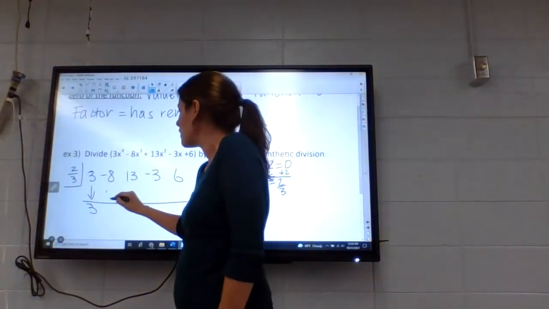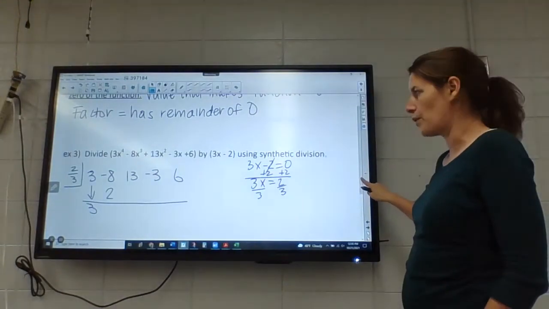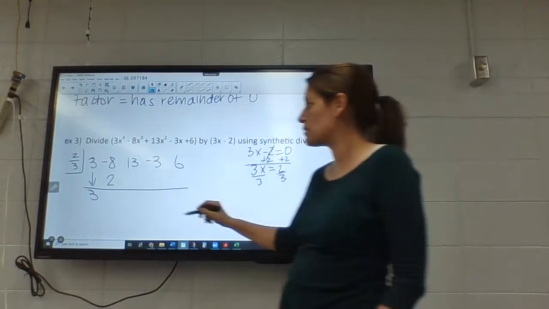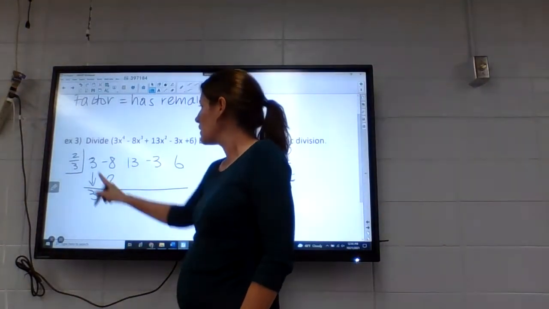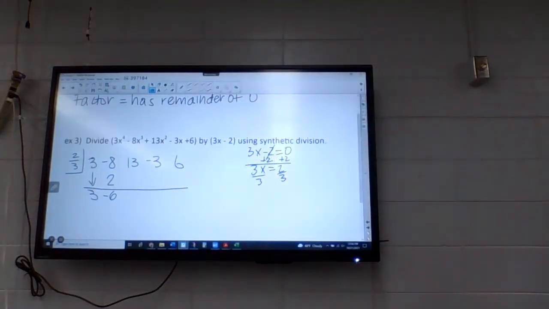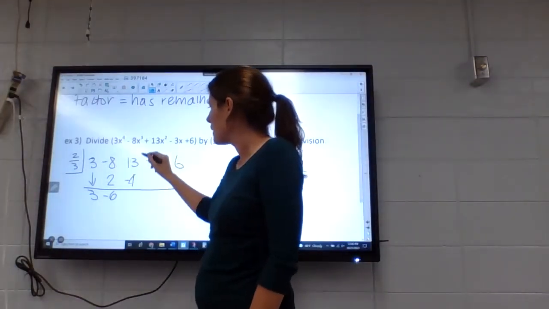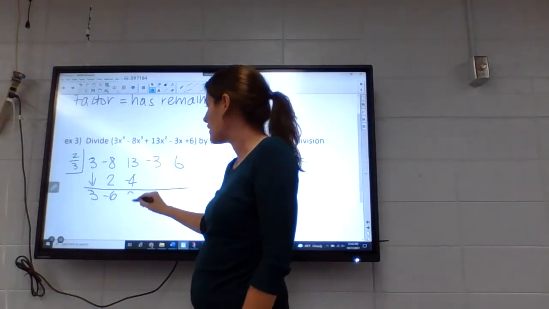A lot of these end up being nicer than they look. -8 and 2 is -6. And 2/3 of -6 is also a nice number, it's -4, right? I divide by 3, multiply by 2.